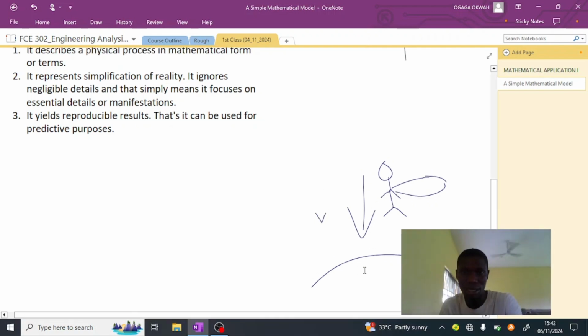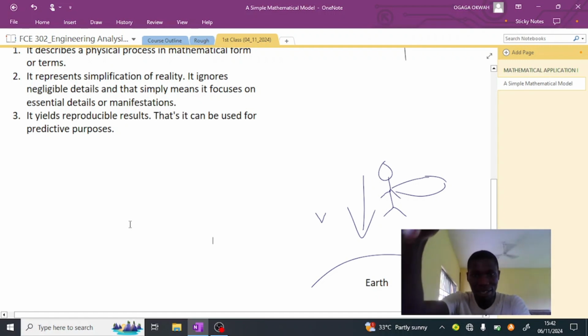So this is the earth in this case, and that's our free falling body. Now, as the body gets close to the earth, we can determine the terminal velocity. What will be the velocity when it gets close to the earth? I've said that over and over again. So with that in mind, what should we do?